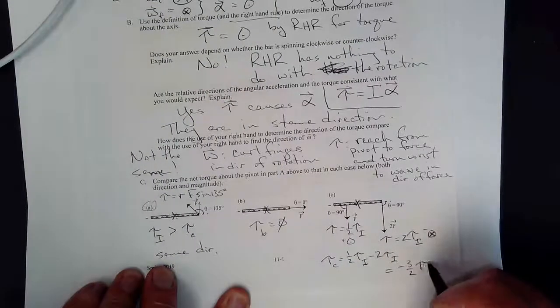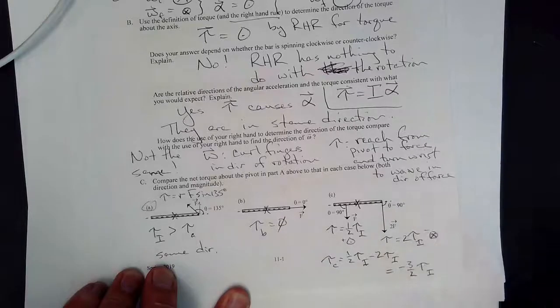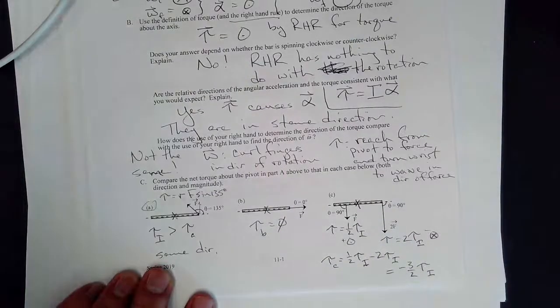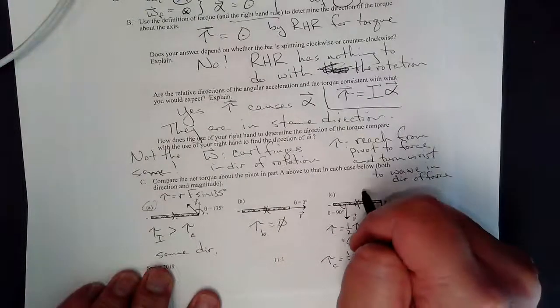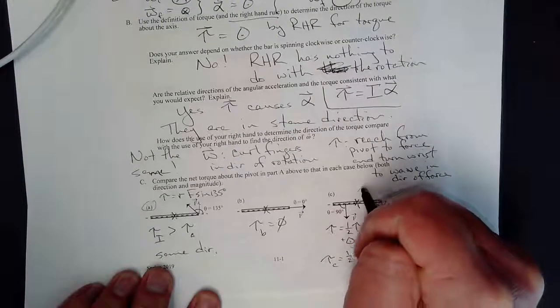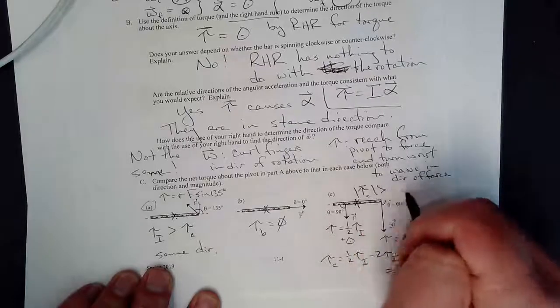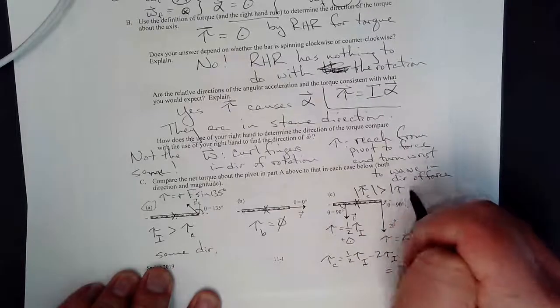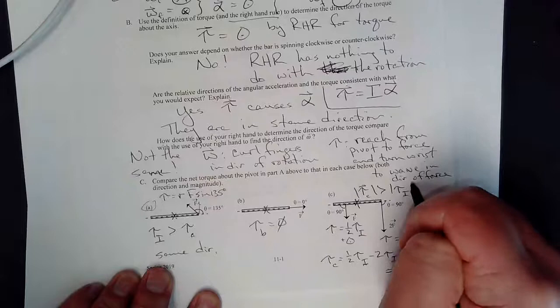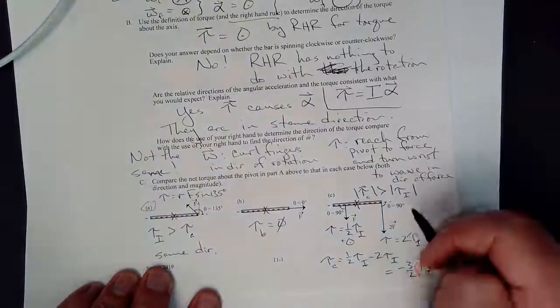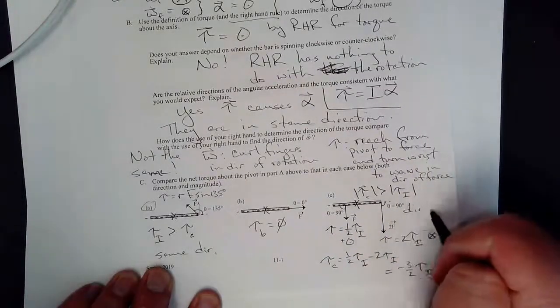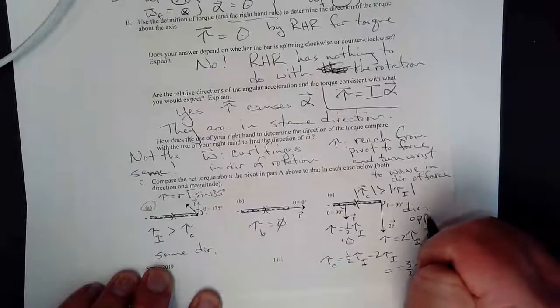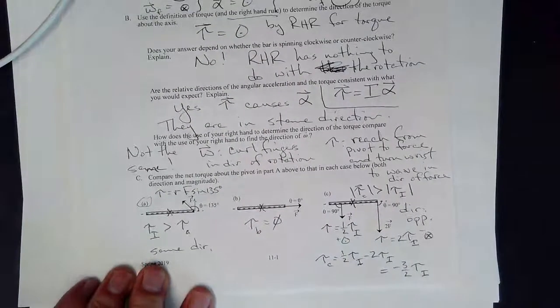So the magnitude of this torque would be greater than the magnitude of the original, but the direction would be opposite. Okay, we're good with that page.